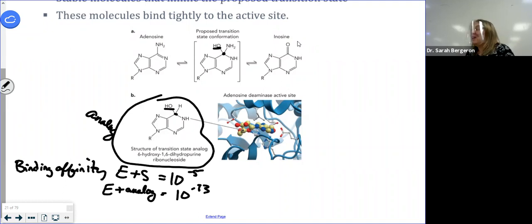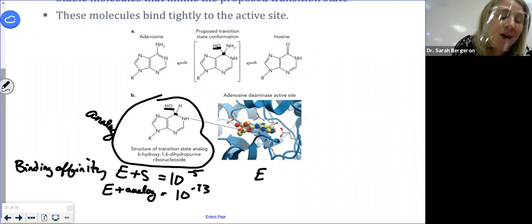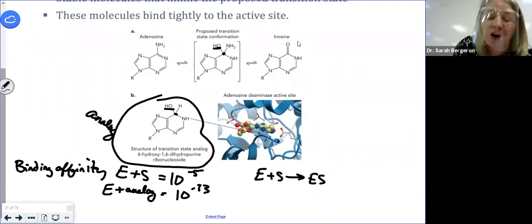binding affinity. So the lower the number, the tighter the binding, because remember, this is your KD. This is your dissociation constant. So are you going to make very many dissociated, right? You go from enzyme plus substrate to enzyme substrate. That's the reaction we're talking about.